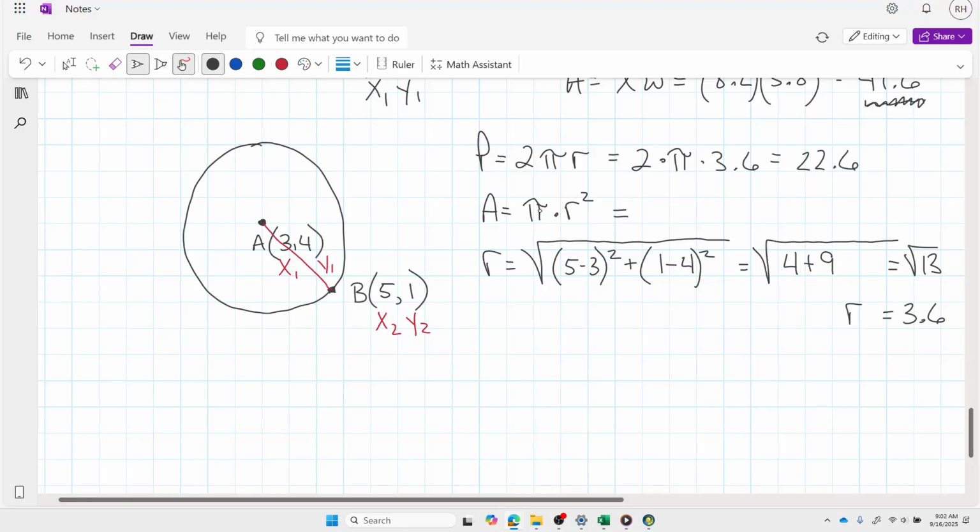And in this case, be careful here in the area formula. You got to make sure that it's pi times the radius squared. You got to make sure you square the radius first. So I'm just going to type it in backwards. I'm going to take the pi times 2.6 squared. The 2.6 needs to be squared.